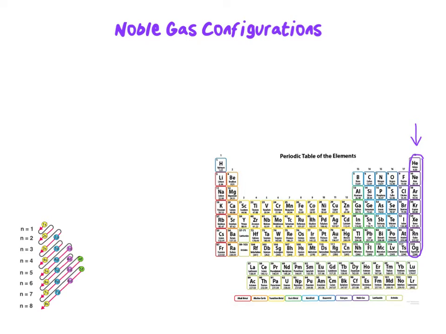The rule for writing noble gas configuration is very simple. You take the noble gas immediately preceding the element you're writing, and I will show you what that means.